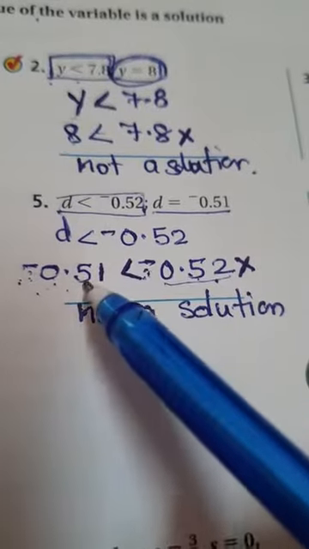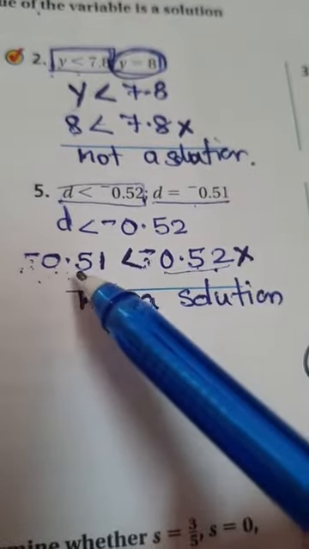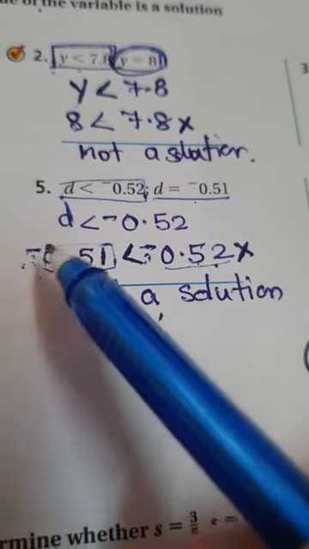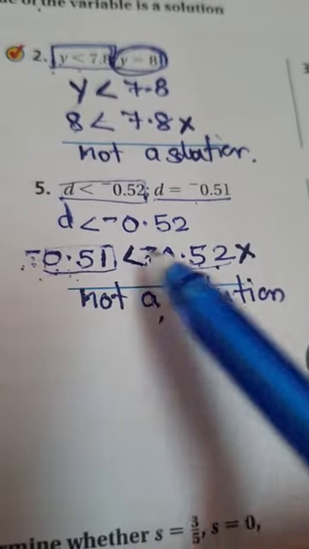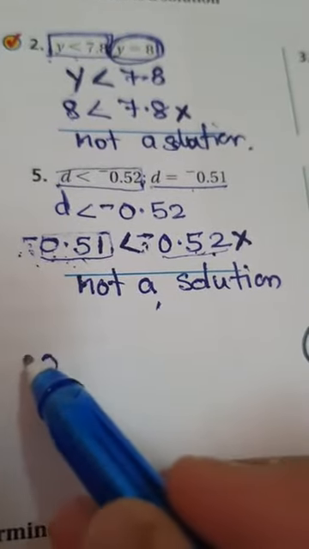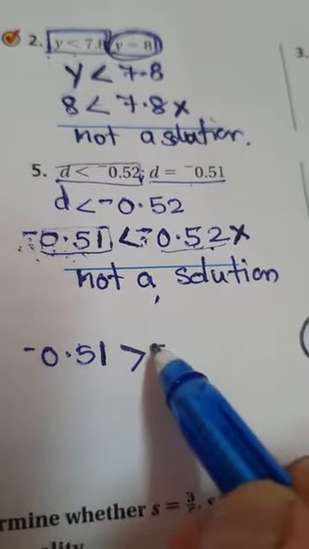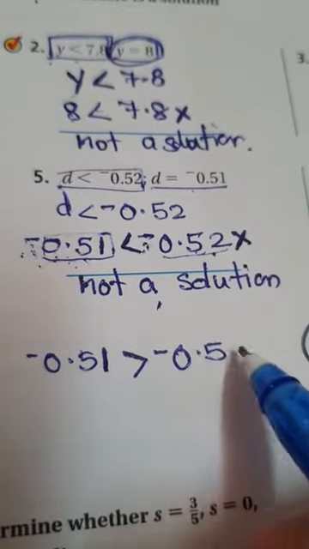Okay, this is how you have to find out. So D is negative 0.51. 0.51 is with the negative sign. So here the smaller number is with the negative sign, which means negative 0.51 is greater than negative 0.52.